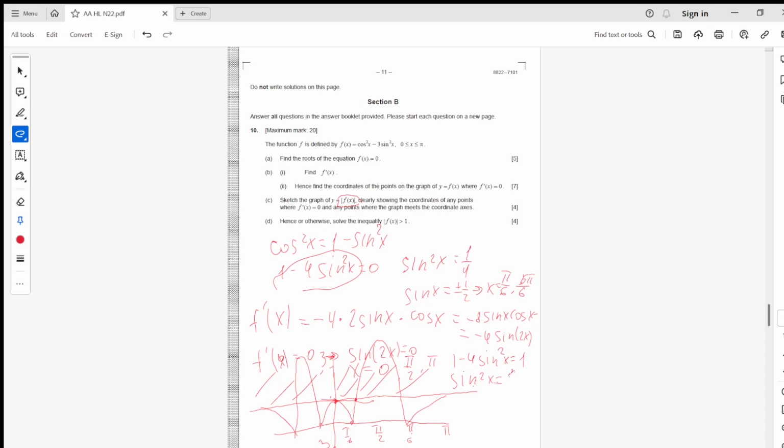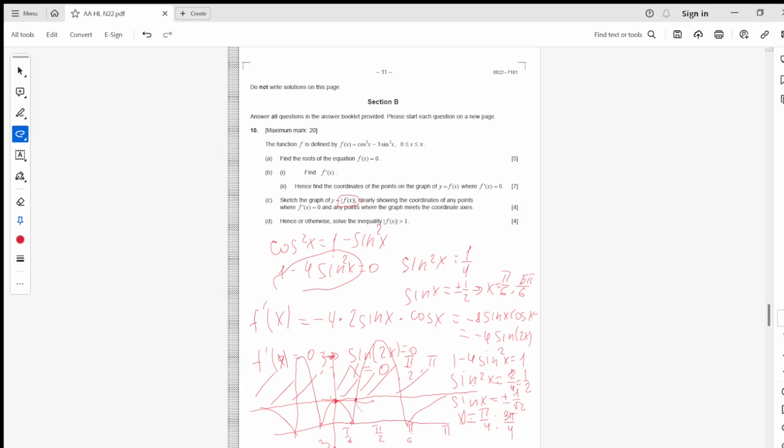Go to 2 over 4, 1 half. Sine of x is equal to plus minus 1 divided by square root of 2. X is equal to pi over 4, 3 pi over 4.